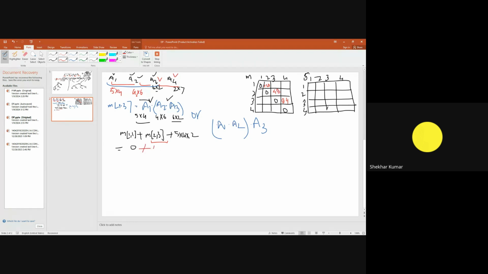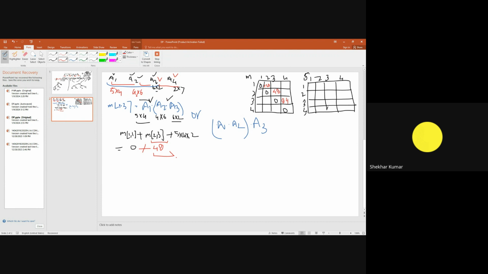You can see that this value is already stored in the table. We have saved this value in the table. Now we are directly using this value in the dynamic approach. I have told you that in the dynamic approach, the solutions of previous subproblems are stored in the table.